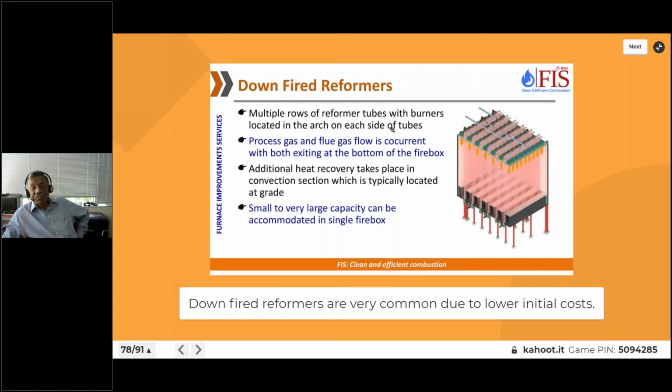One of the most common designs is the down-fired reformer. In a down-fired reformer, the tubes are in a row, several tubes, and the burners are firing down from the roof. Because we can have one row of burners, one row of tubes, one row of burners, one row of tubes, the whole firebox is very, very compact.